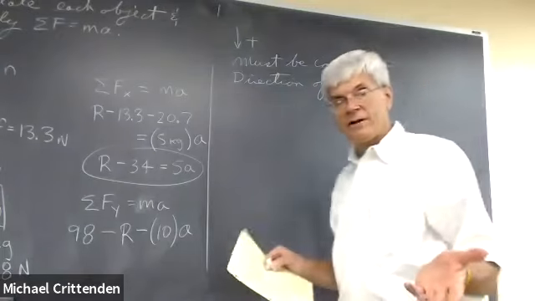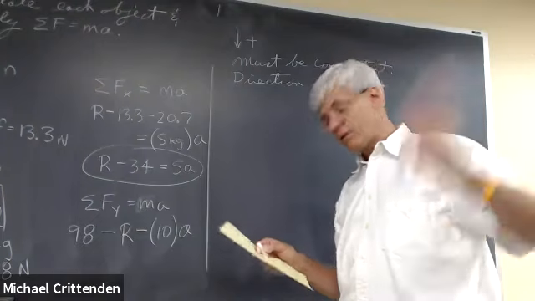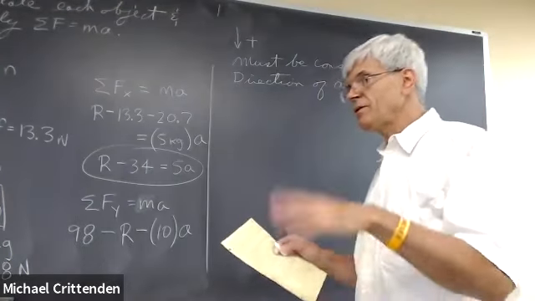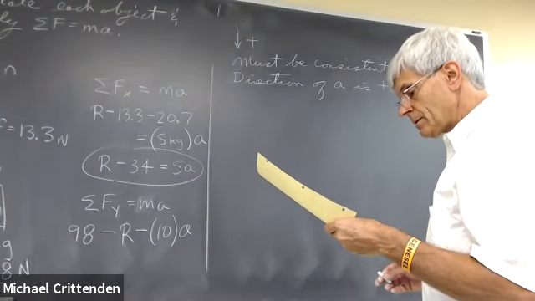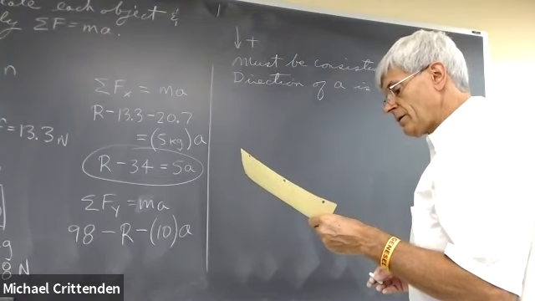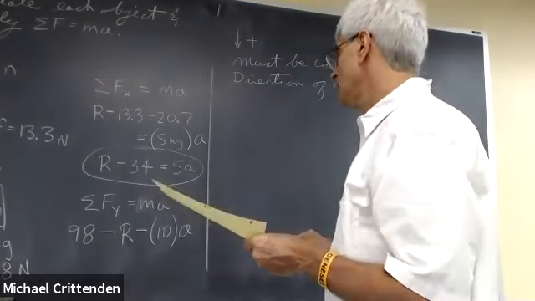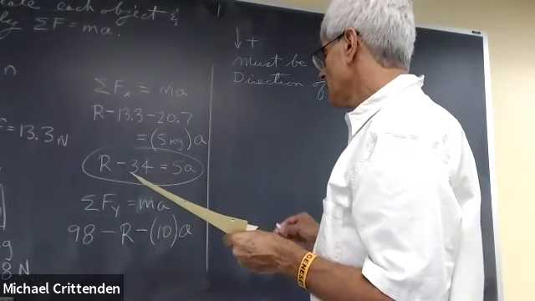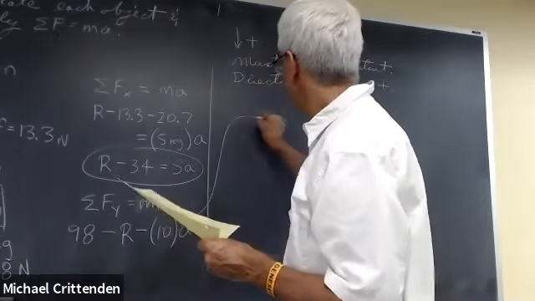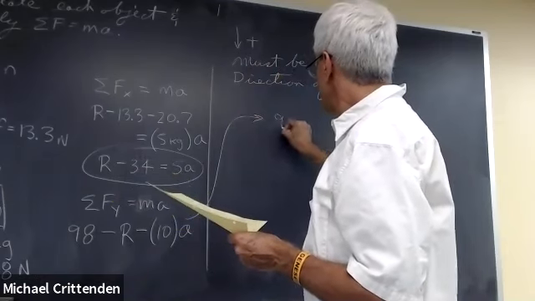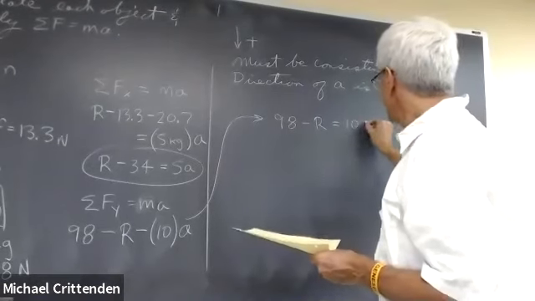So, there's different ways of dealing with systems of equations. There's the addition method and the substitution method, and there's methods that involve determinants, and well, this one looks like I used the addition method. So I've got, put that one on top, doesn't matter. 98 minus R equals 10A.